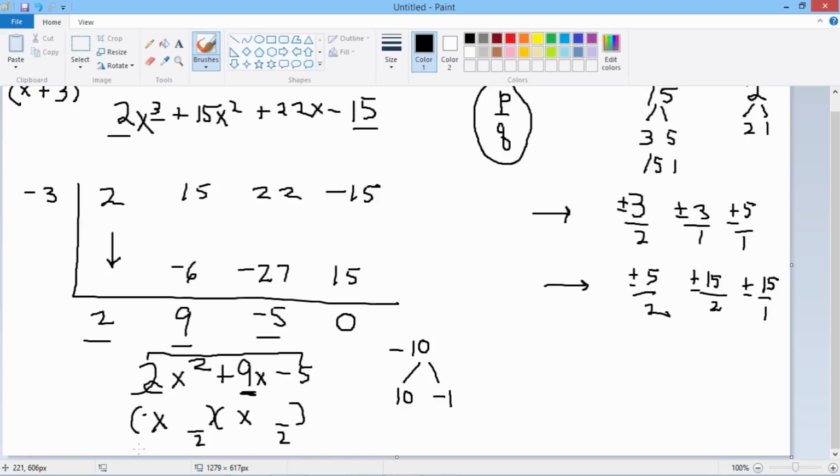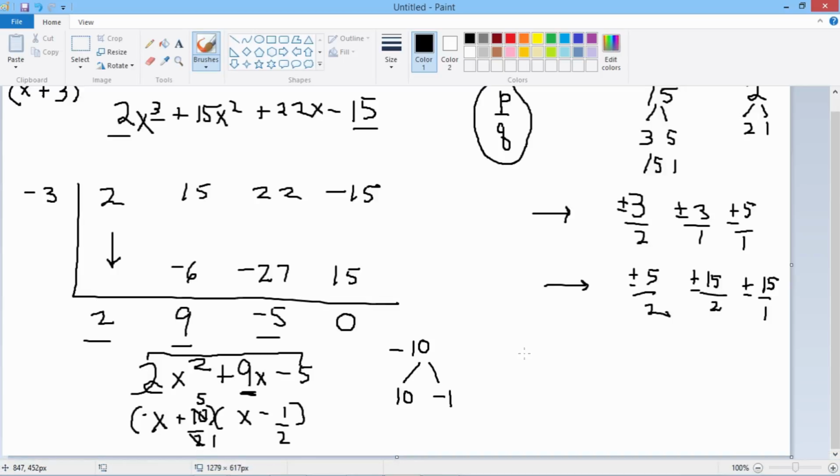And then I'll just write them in the numerator of this fraction with the leading coefficient. And then I see if I can simplify anything. Well, in this case I can. I get x plus 5 over 1 and x minus 1/2.